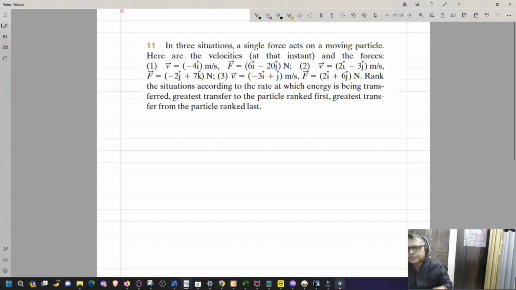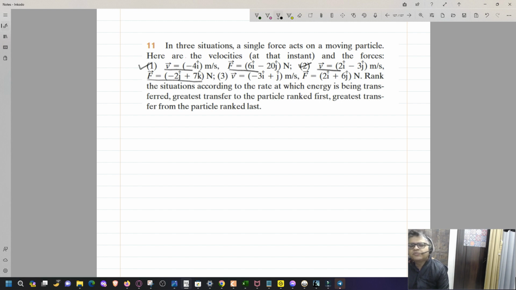This question is from Resnick Halliday, and as you can see, there are 3 situations which are depicted, and it says that the velocity and the corresponding force. Situation number 1, this is the velocity, this is the force. Situation number 2, this is the velocity and the corresponding force is this.